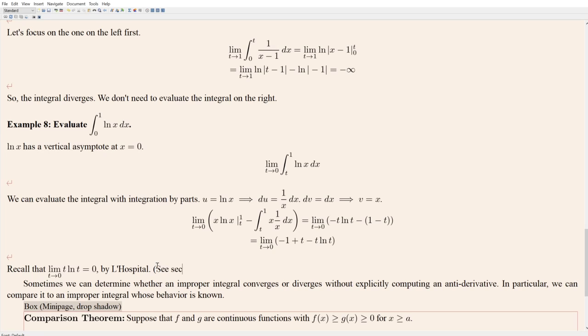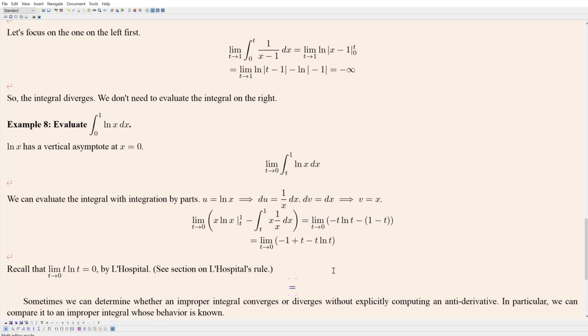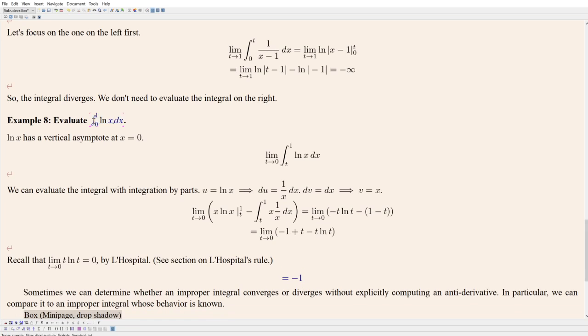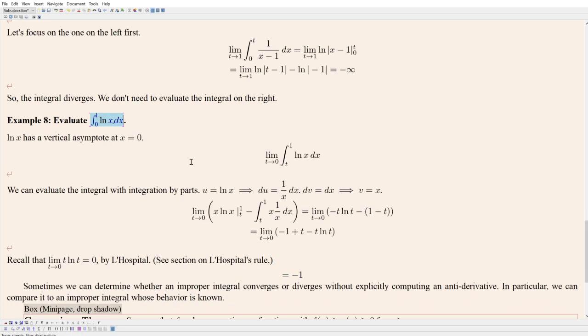So see the section on L'Hopital's rule. I mean, it's just our standard trick where we rewrite it as a fraction and then apply L'Hopital's rule. So we end up getting that this turns to 0, this turns to 0, so we just get negative 1 at the end. So that's neat.